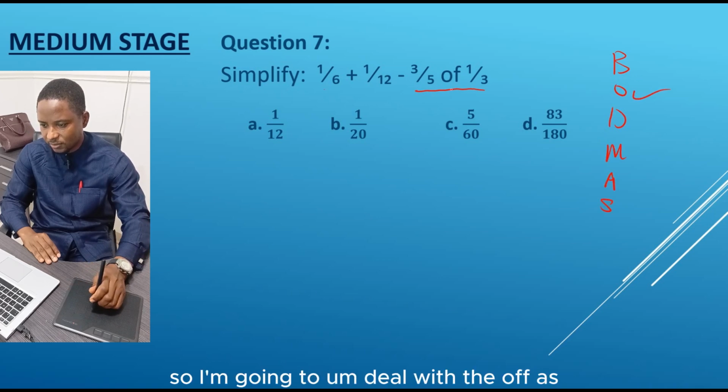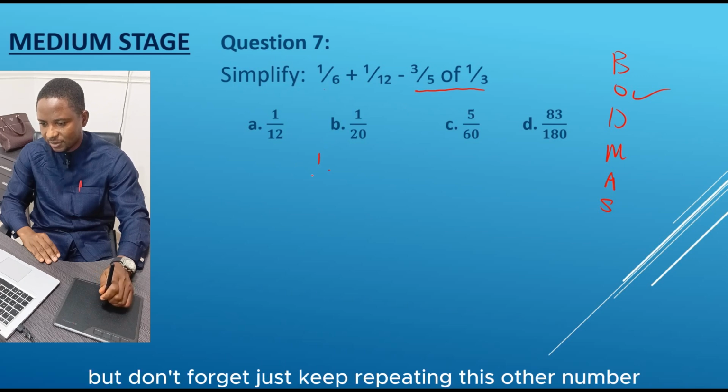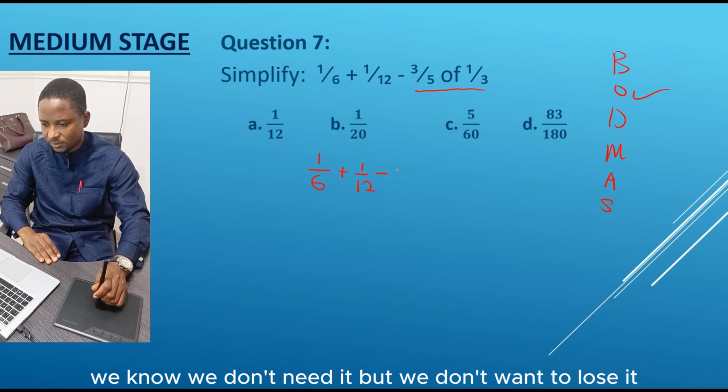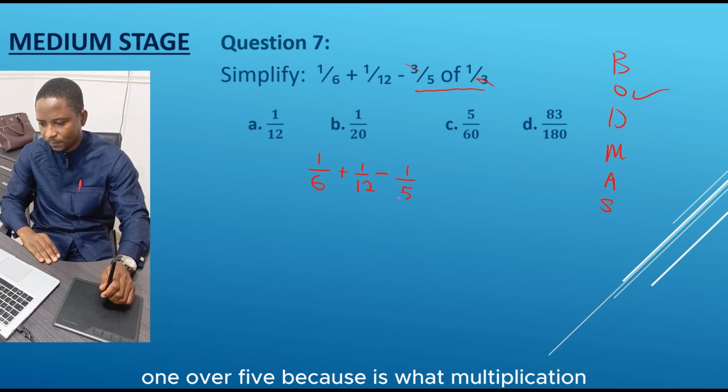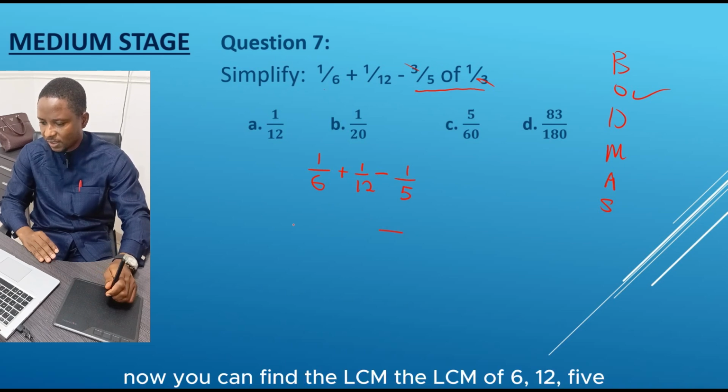Of. So I'm going to deal with the of first, but don't forget, just keep repeating this other number. We know we don't need it, but we don't want to lose it. So 3 cancel 3 here, so you're left with 1/5. Because of is what? Multiplication.